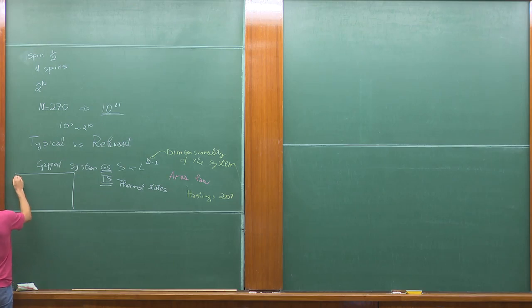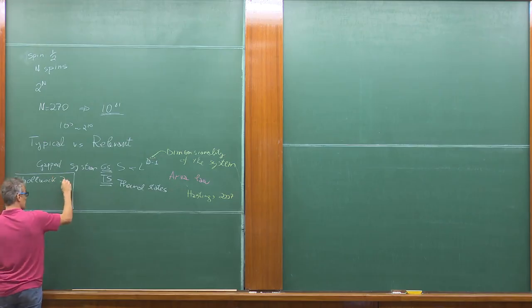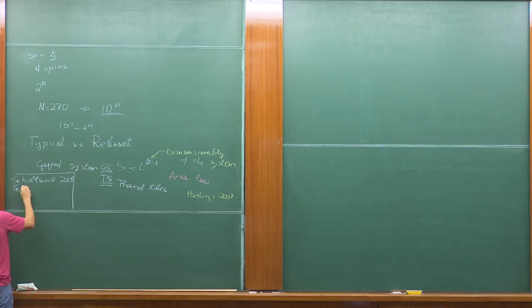One review is by Schollwöck, 2005. It's an RMP. Another one is Schollwöck again, 2011, Annals of Physics. And then one by Orús. Orús had a few, but the one in 2014 is the one that I follow quite a bit.